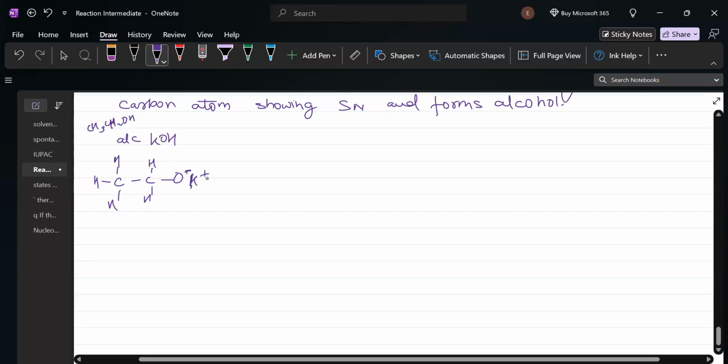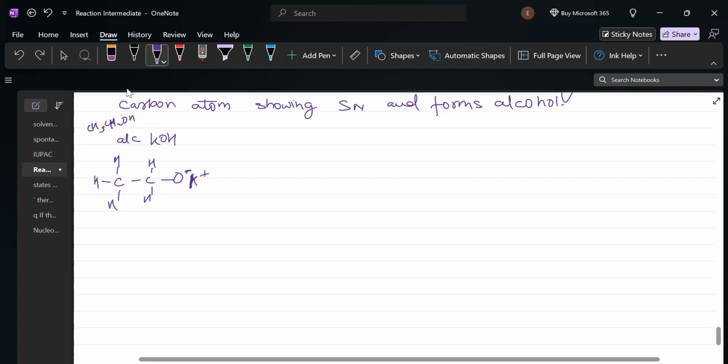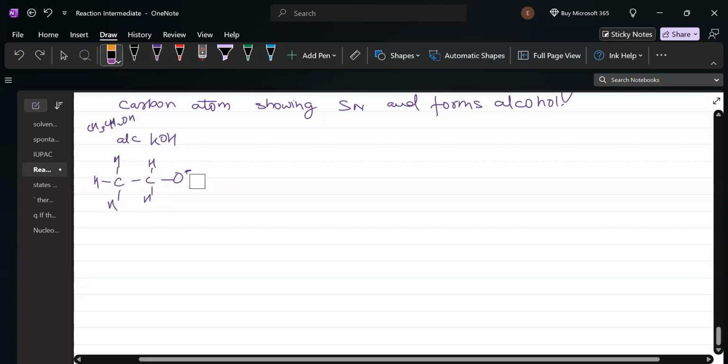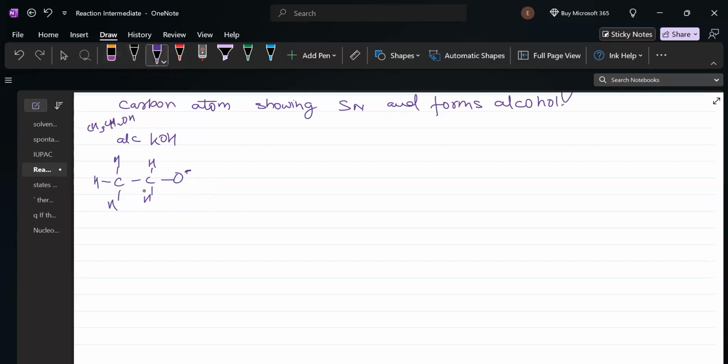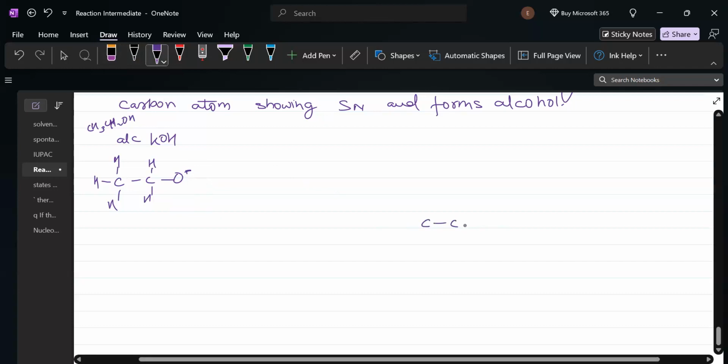This O minus is getting stabilized, having formed an ionic bond with K plus, potassium, right? But for the reaction it will not be needed. Now, what is our purpose? We have to do the reaction on a haloalkane. So this is a haloalkane, right?